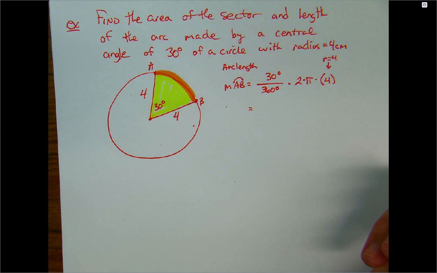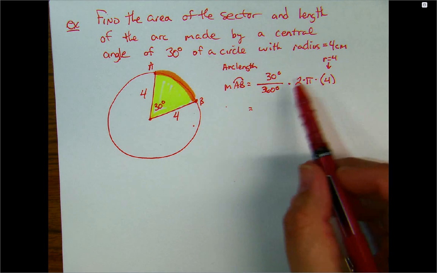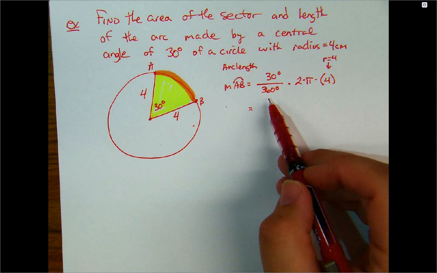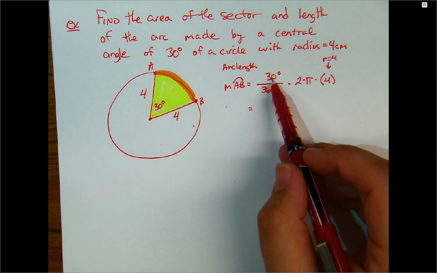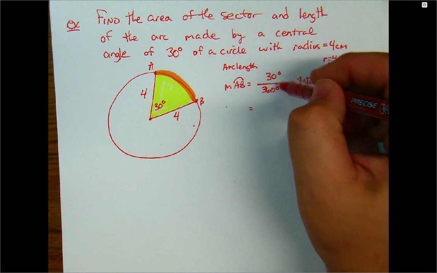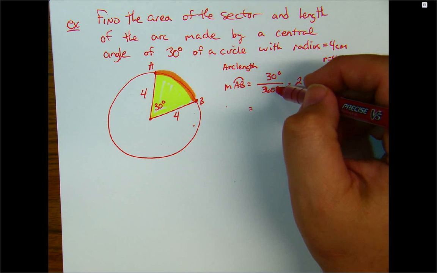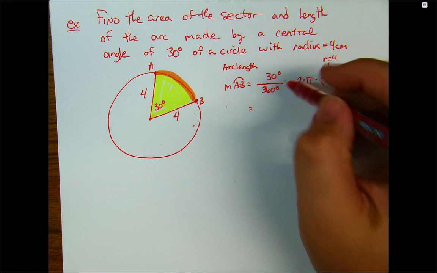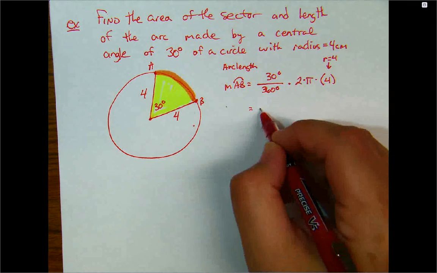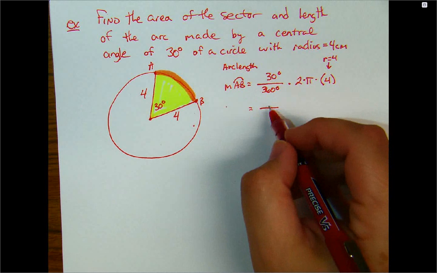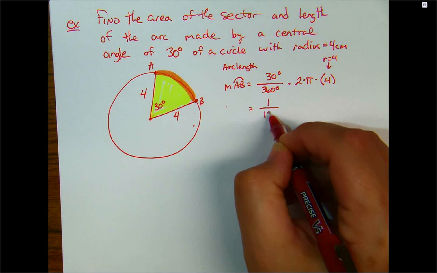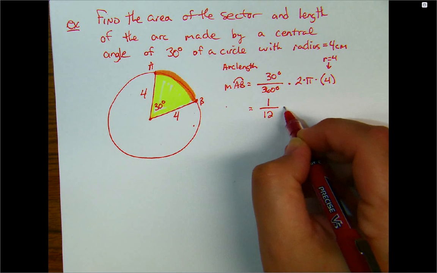So, the zeros are going to divide out, but 3 divides into 36, how many times? 12 times. So that's 1 over 12 times 2 times pi times 4.